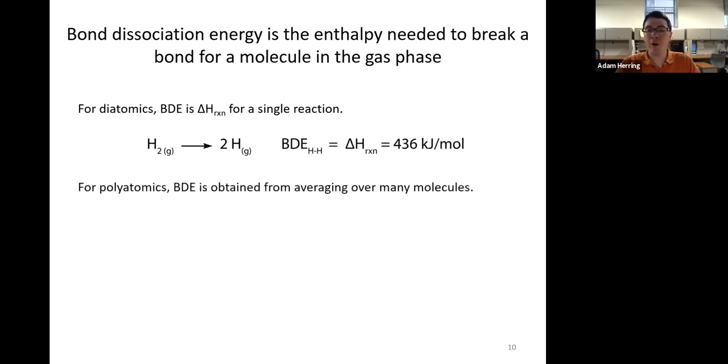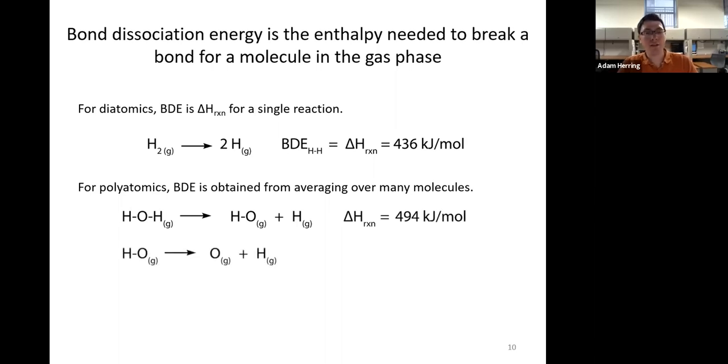For polyatomic molecules, however, the bond dissociation energy must be obtained by averaging over many different molecules. So, for example, if we look at the hydrogen-oxygen bond in water, we could dissociate one hydrogen from the hydrogen and oxygen, and that requires a certain amount of energy.